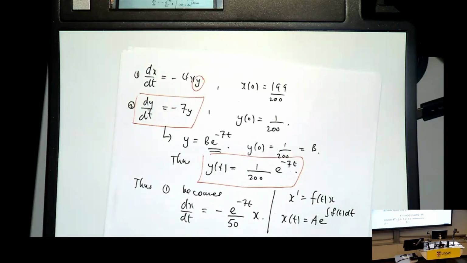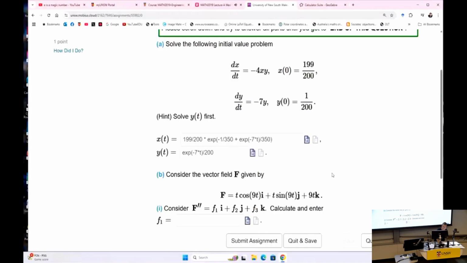Once you've done that and you've put in the initial condition, you will get that. We already had that, and we'll get that. You've got an exponential with an exponential inside it, which is a little bit annoying, but I don't think you can get around that. So that's how you do a question like that.